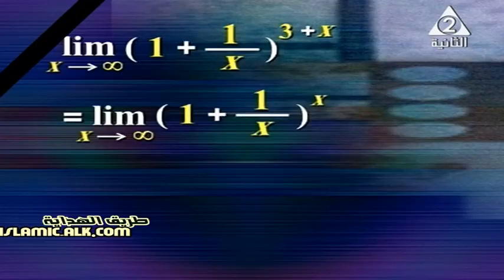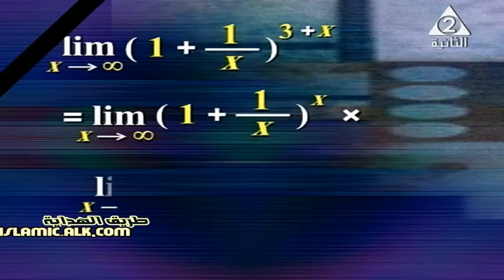Another solution. When we find the limit when x tends to infinity of the bracket containing 1 plus 1 over x, all to the power 3 plus x, what do we do? Excellent student. We distribute the power: the bracket to the power 3 times the bracket to the power x.